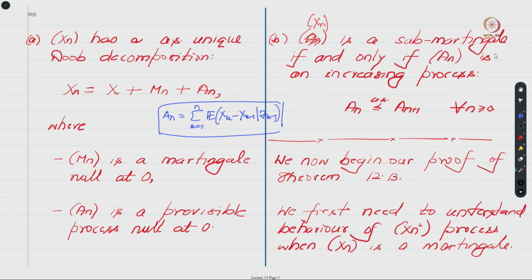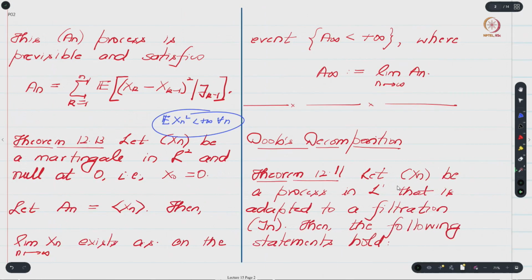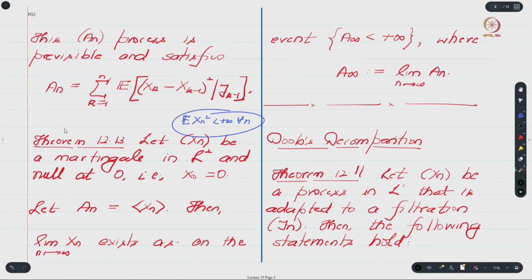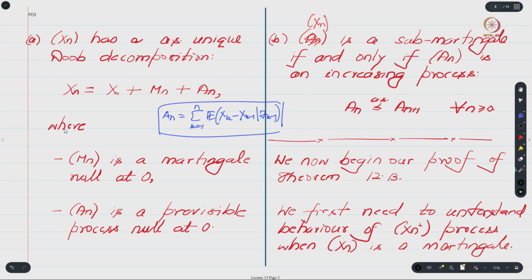So now this is a recap of what we did in the previous class. We will now formally look at the proof of this result that we stated before. This result is a bit challenging, and we will need to introduce several interesting concepts. So the first of these interesting concepts is the following.